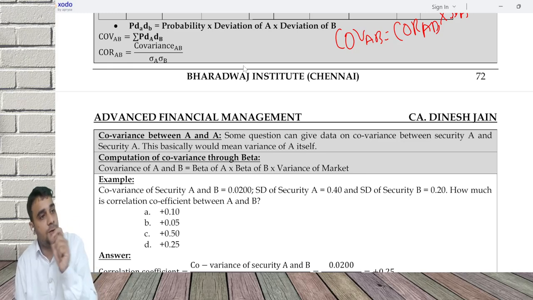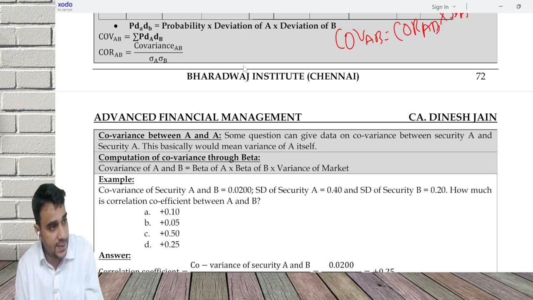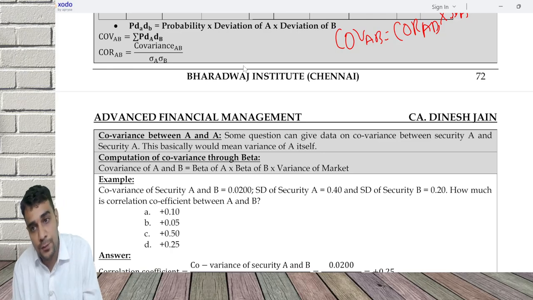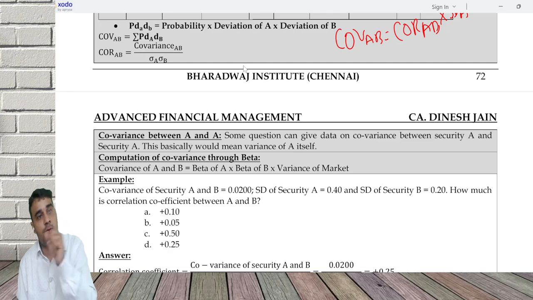I'll give the logic of this later on, but the formula is covariance AB is equal to beta of A into beta of B into variance of market. The logic of this will flow when I go to beta calculation.